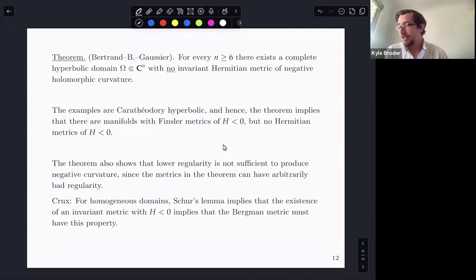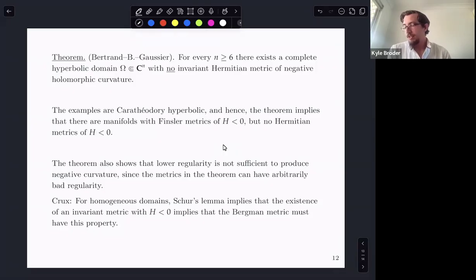These are all bounded domains, so in particular they are Carathéodory hyperbolic. All of these domains have a Finsler metric of negative holomorphic curvature, but no Hermitian metric of negative holomorphic curvature. And this is completely independent of the regularity. The metric can be as singular as you like it to be. It doesn't exist on such manifolds.